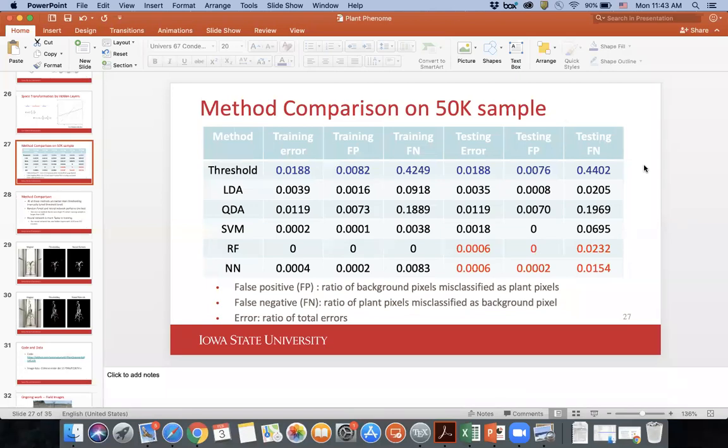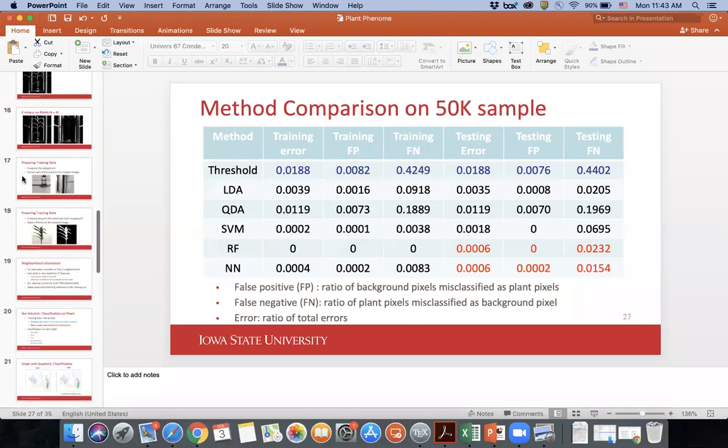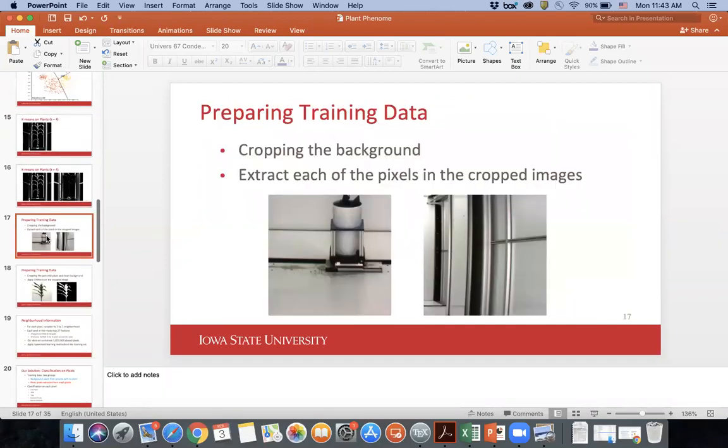I mentioned in my presentation that the reason our method is called the simple method is because we do not need to put a lot of time into preparing the training data. Because it's pixel level training data, we just chop the background out from the image. So you can chop and then read in this image in R or Python, and it will automatically get these background pixels.